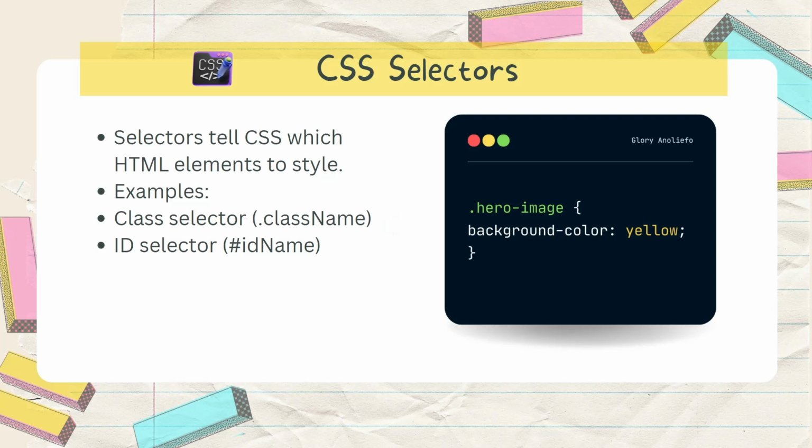Then you can come in your CSS and call that class by starting with a full stop, then the name of the class, and then your declaration block. In this case, we are setting the hero image of a website to have a background color of yellow.